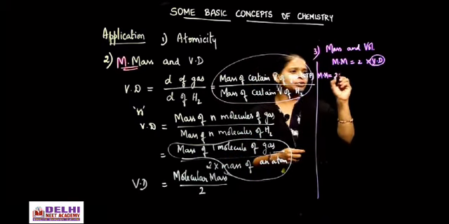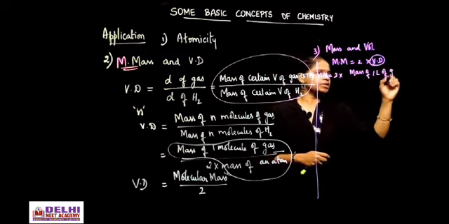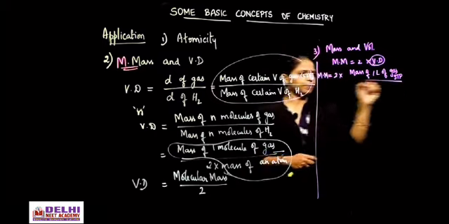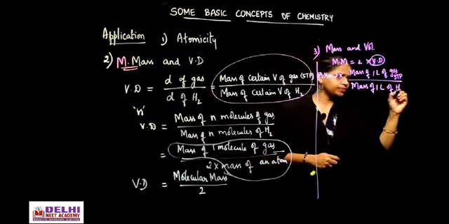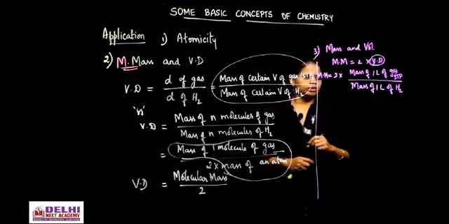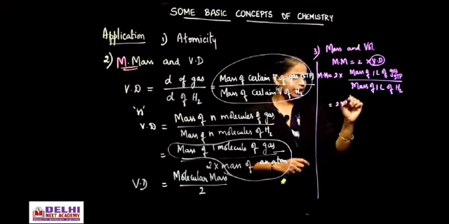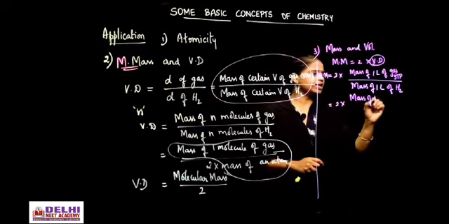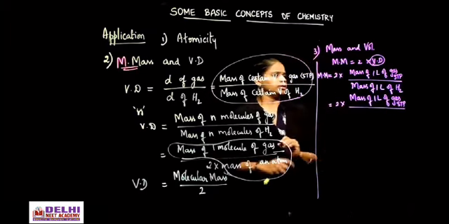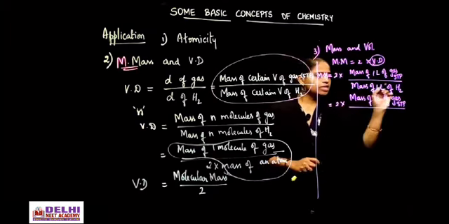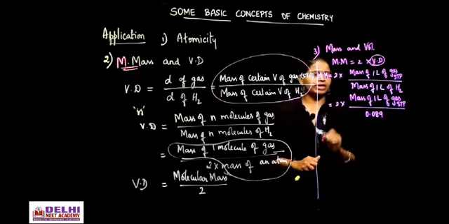So I can write this as 2 into the mass of 1 liter of a gas at STP by the mass of 1 liter of hydrogen. The mass of 1 liter of hydrogen is found to be 0.089 gram.